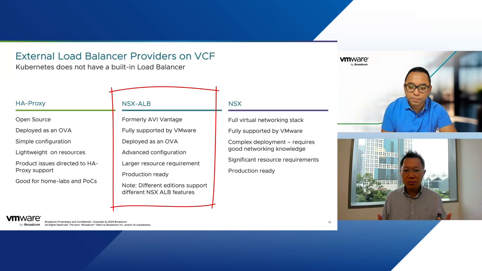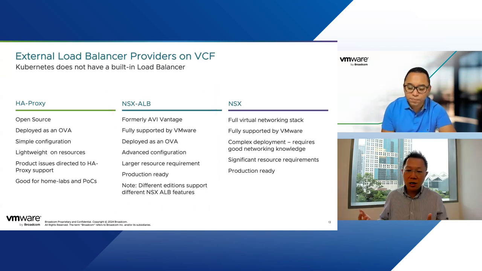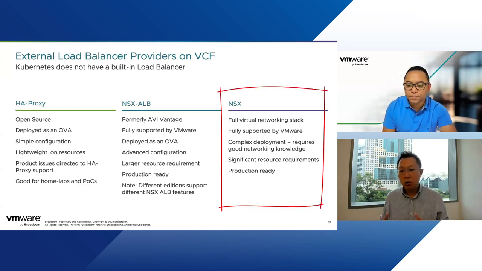So you can start using the NSX ALB already. With that, you can also use it as an ingress controller for TKGs. That's NSX ALB. You also have the third option, where you use the native NSX. In NSX-T, it comes with a load balancer. You can still use that as well. Yeah, I think if you're talking about a production setup, especially for our customers or partners, it's either the AVI or the NSX native load balancer. Right.